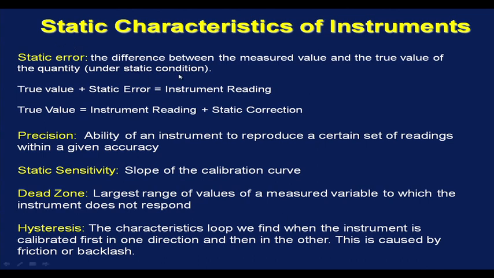And of course, we are talking about static characteristics, so under static condition. So, static error is the difference between the measured value and the true value of the quantity. So, true value plus static error is actually what the instrument gives us as its reading. So, true value is instrument reading plus some correction factor which we call static correction.